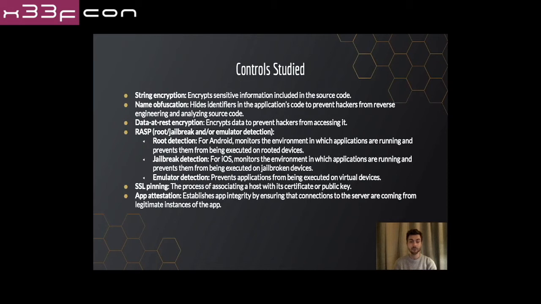Moving on to RASP, which stands for Runtime Application Self-Protection. These are also known as resiliency features. So if you adhere to a security framework such as the Mobile Application Security Verification Standard by OWASP, you can take a look at the Mobile Security Testing Guide.